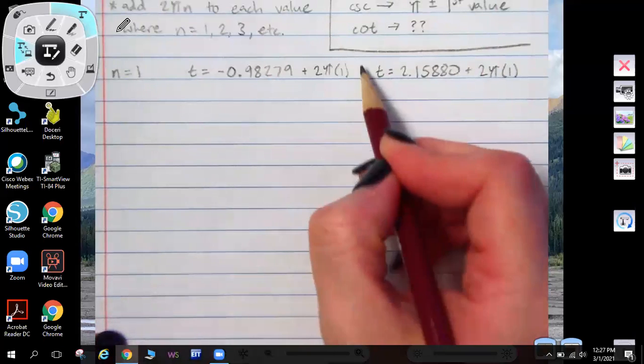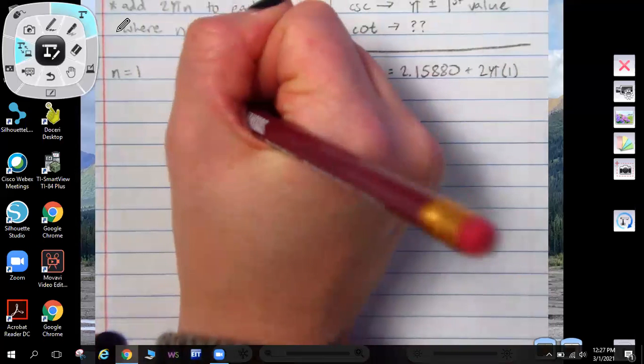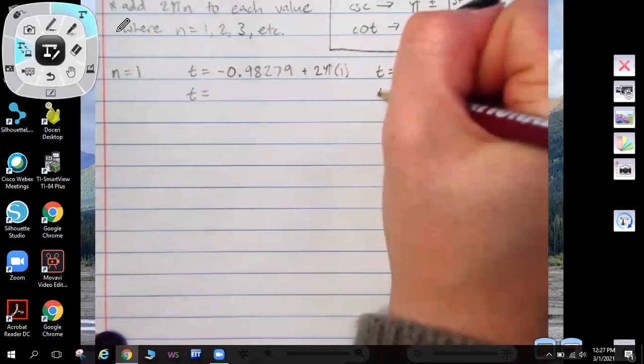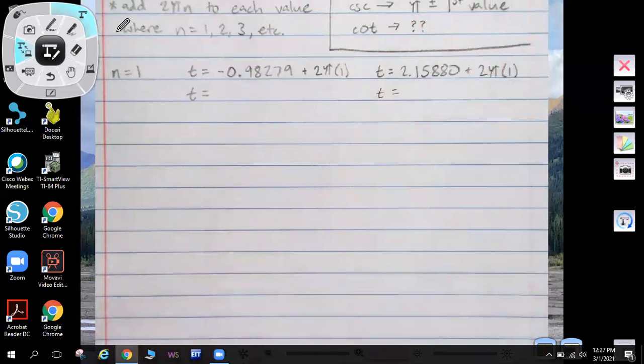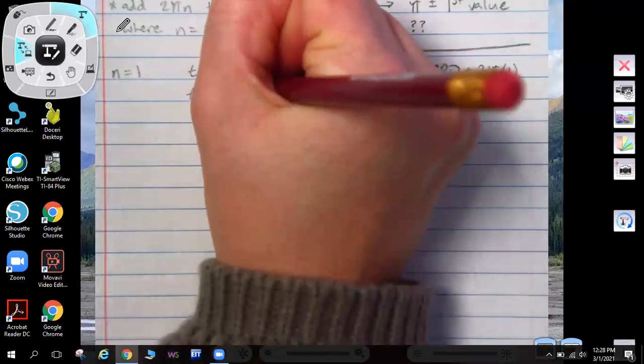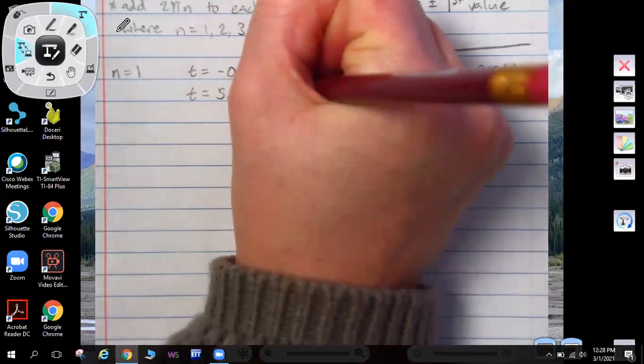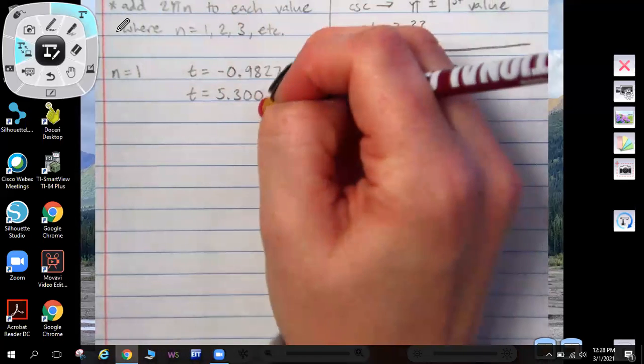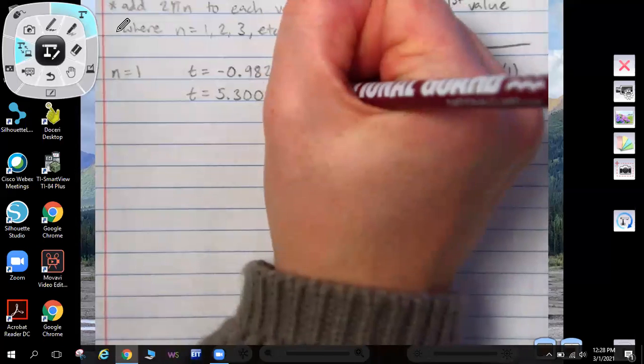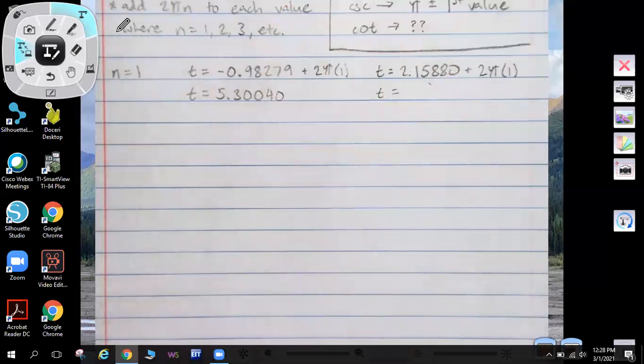This is a different one. For this one, we get 5.30040. I'm keeping it at 5 decimal places, but some of them are just rounding up weird, so there's a 0 at the end.